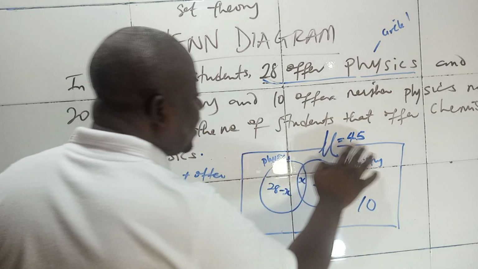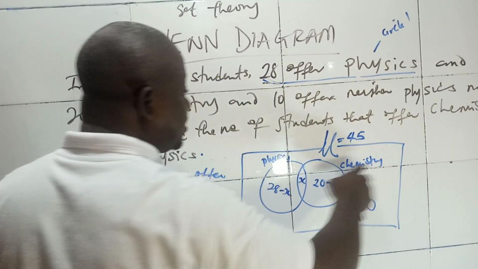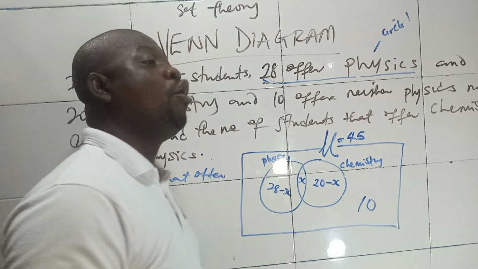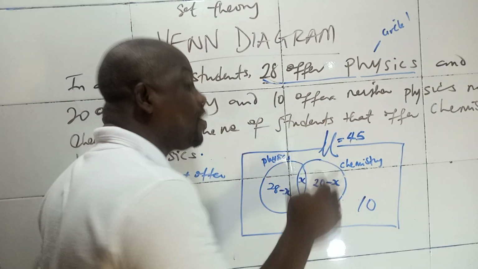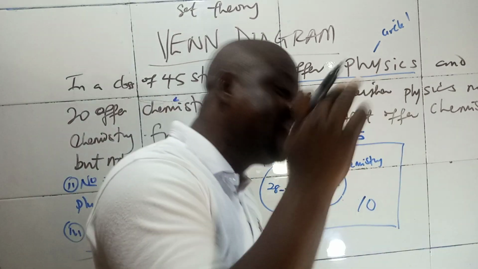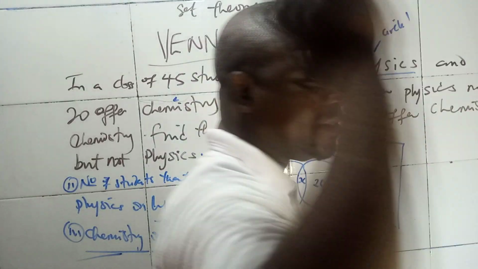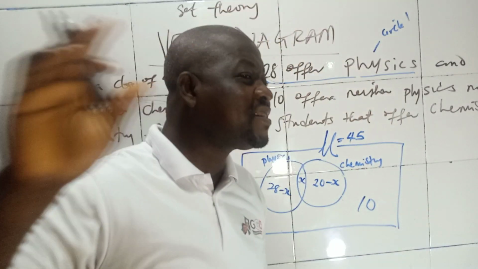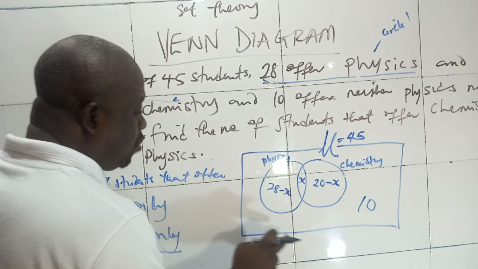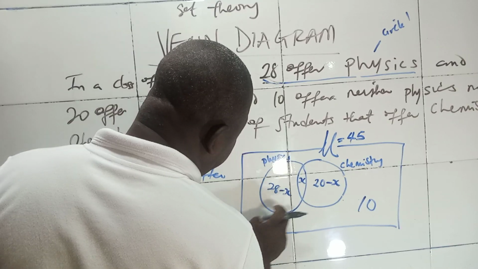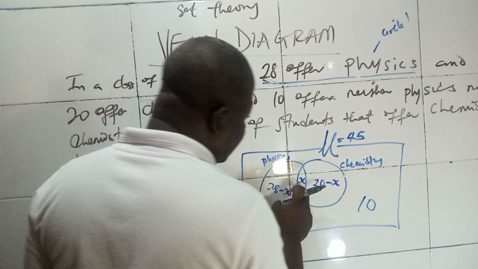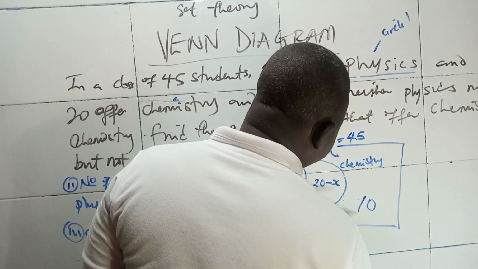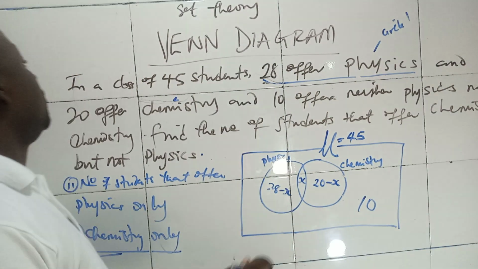So now, once you are able to interpret the word problem, I've already interpreted it. The rule is all the subsets must be added to be equal to the universal set. That is the rule of Venn diagram. All subsets, meaning what do you have as subsets? Physics, the intersection, the chemistry, plus the non-sets, everything added together must be equal to what? 45.